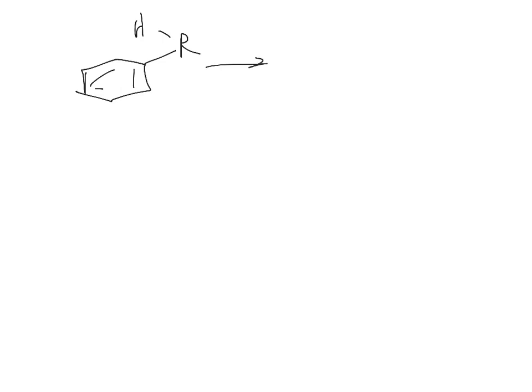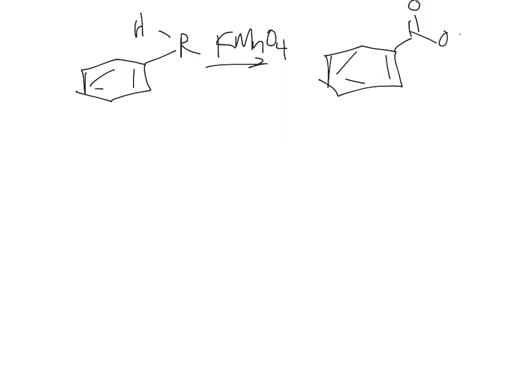If you add potassium permanganate, the product every time is benzoic acid. It cleaves the whole alkyl group and you end up with benzoic acid. It doesn't matter what the alkyl group is that you start with, as long as it has a hydrogen on the carbon next to the benzene ring. If you have more than one alkyl group, every one becomes a carboxylic acid. And if there's no benzylic hydrogen, there's no reaction.